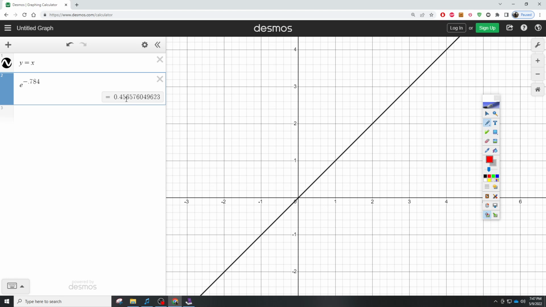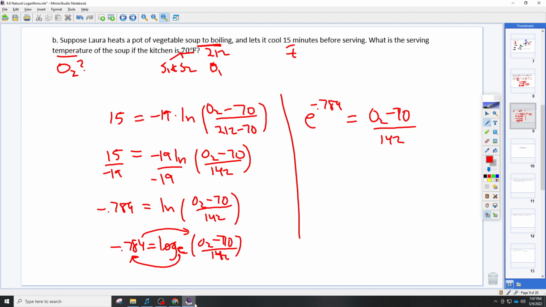0.4565 equals O2 minus 70 over 142. Then we're just going to solve this for O2. Get rid of this fraction. I'm going to multiply by 142.